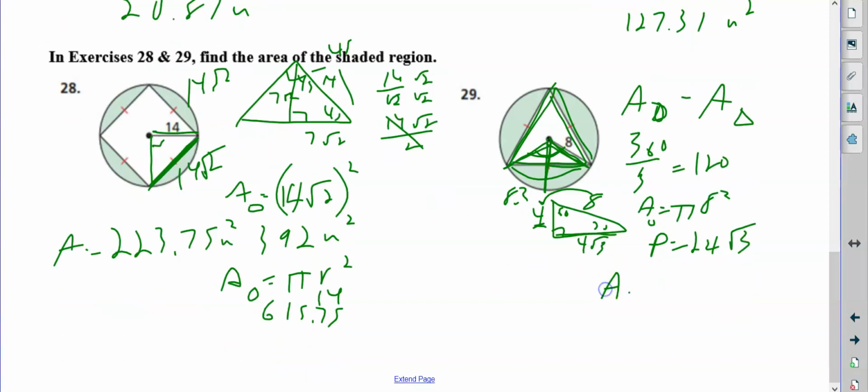So the area of the triangle is 1/2 the apothem, which is 4, and the perimeter, which is 24√3. And when we type that out, we get 48√3.